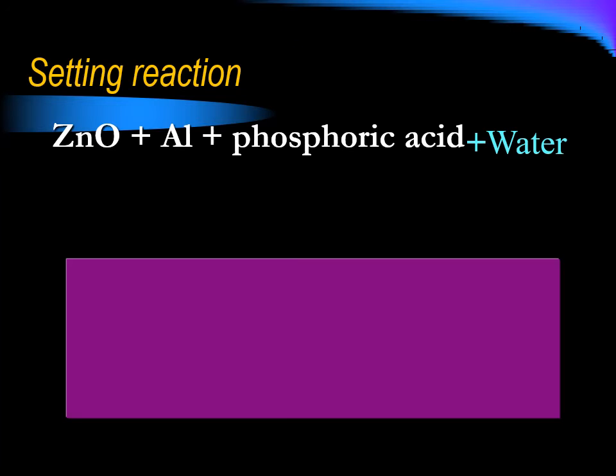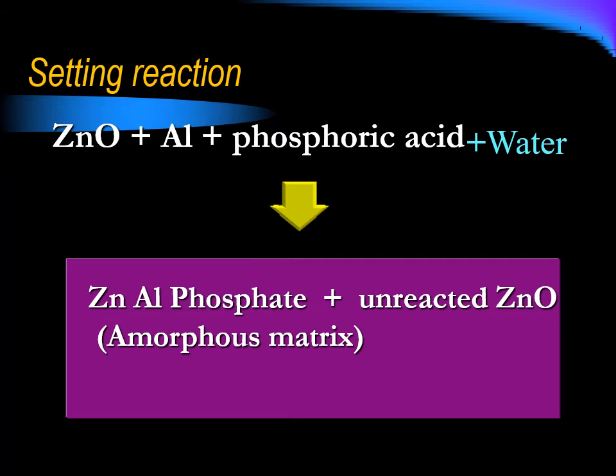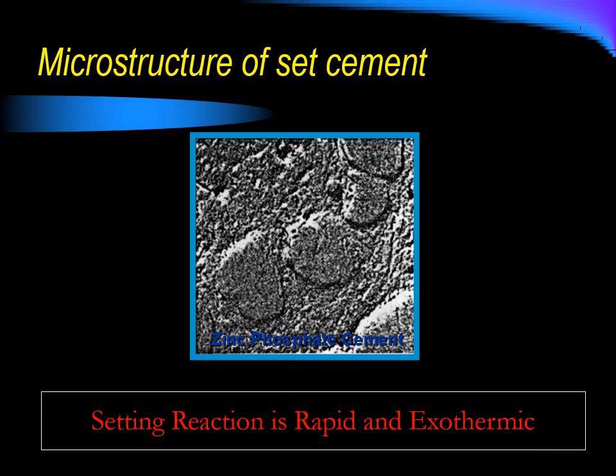So in conclusion, the zinc phosphate cement setting reaction occurs between zinc oxide powder, phosphoric acid, and water in the presence of alumina ions, which are already present in the liquid. It results in zinc aluminophosphate, which is an amorphous gel matrix, with the unreacted zinc oxide powder particles embedded in it.